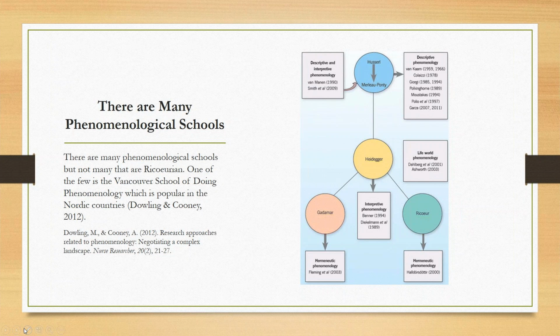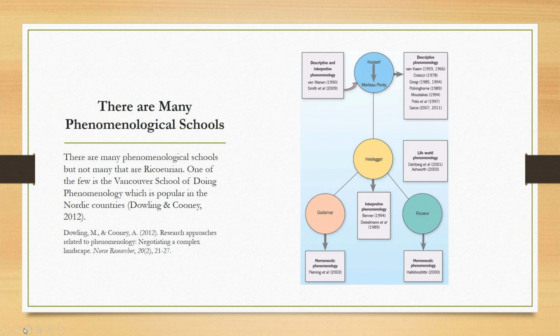Of course Husserl was the founder of phenomenology, and they divide those schools that are based on Husserl into descriptive and interpretive phenomenology, and then just descriptive phenomenology. You may remember that Husserl said or wrote der Ding an sich, which means go to the things themselves, go to the roots, just describe it how it is. But Spiegelberg has pointed out that it's hard to describe something without interpreting it.